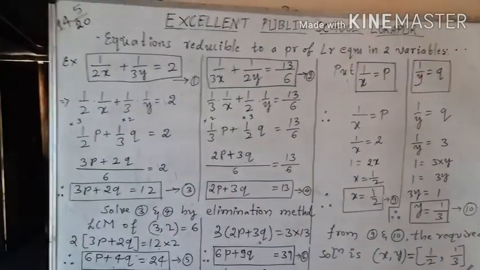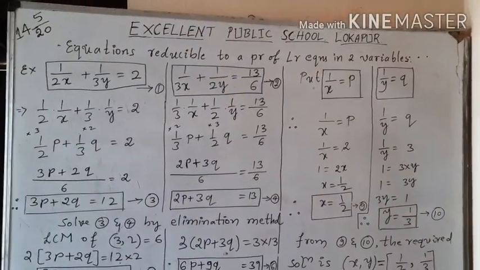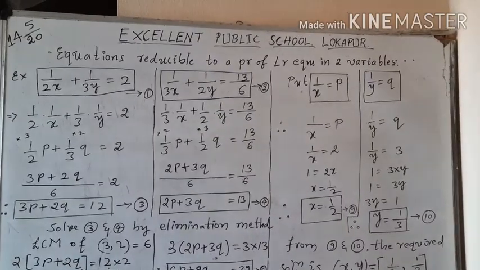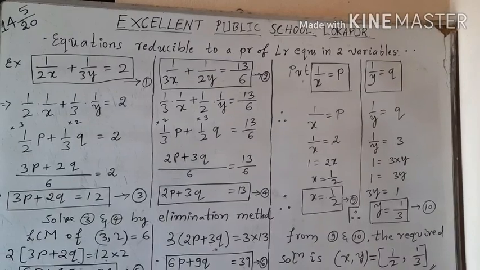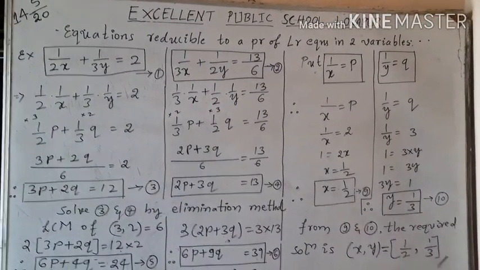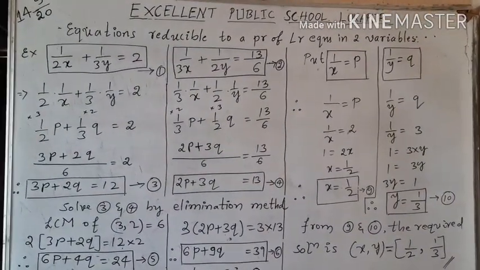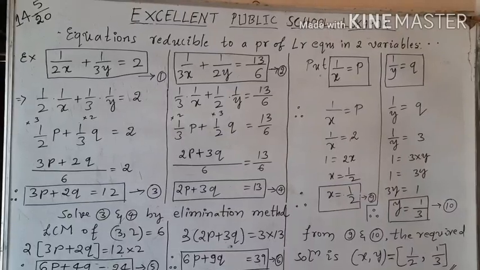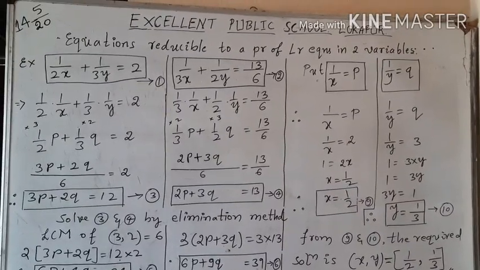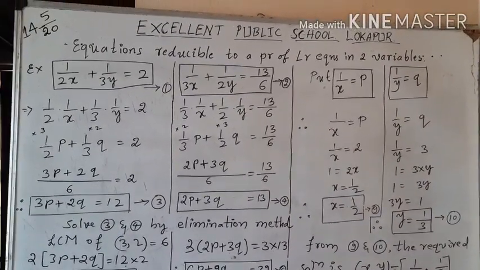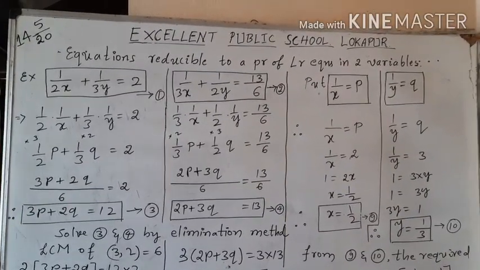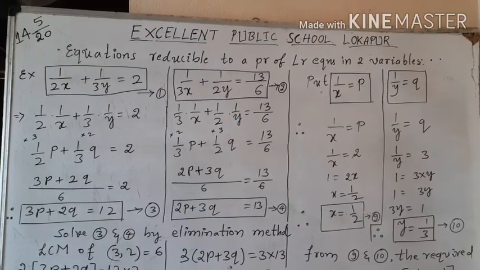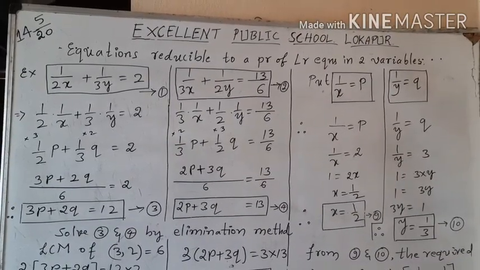Today, children, we will learn equations reducible to a pair of linear equations in two variables. That is, when we look at the given pair of examples, they will not be of the standard form a1x plus b1y plus c1 is equal to 0 and a2x plus b2y plus c2 is equal to 0.